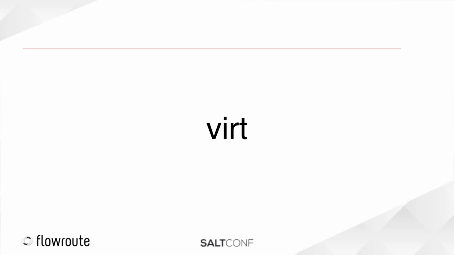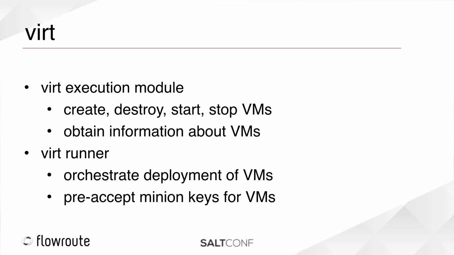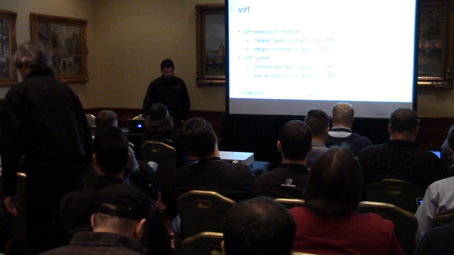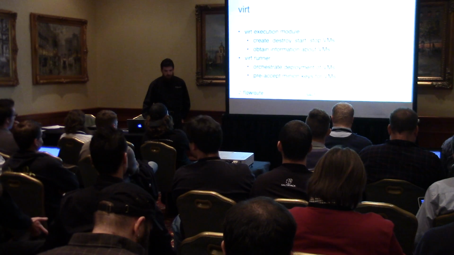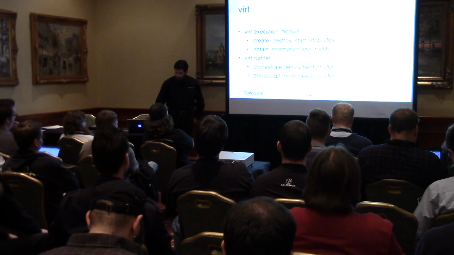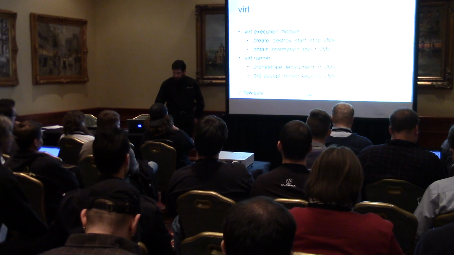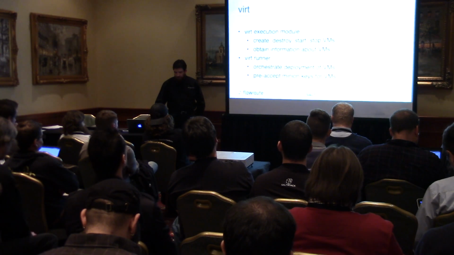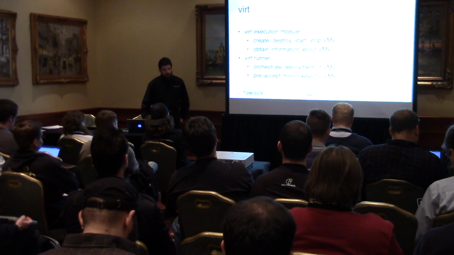I'll talk first about Virt. So Virt is comprised of the execution module, which allows you to create, destroy, start, stop, pause, resume, and various other ways of controlling virtual machines. It also allows you to obtain information about virtual machines.